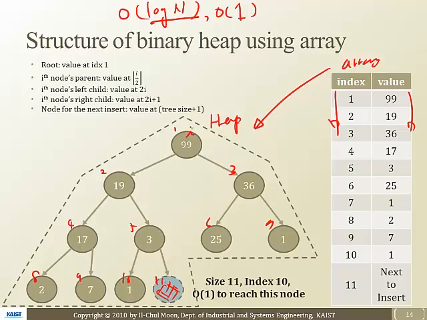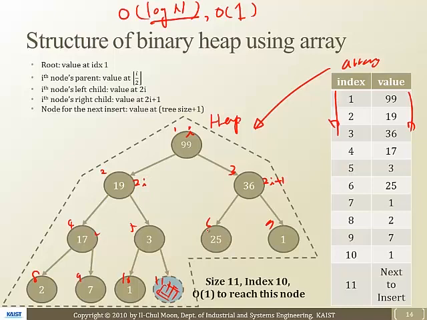If we set a certain node's index as i, then the left-hand side node is 2i, and the right-hand side node is actually 2i plus 1. And this is actually applicable to every node in this example.